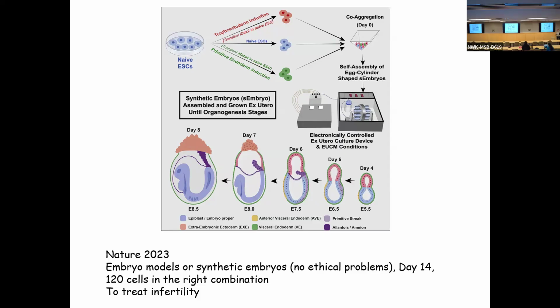This period of development is gastrulation. To achieve gastrulation, you have to go through implantation, right? So using a synthetic embryo, we could achieve gastrulation without implantation. So we can learn a lot about these potentially useful embryos.